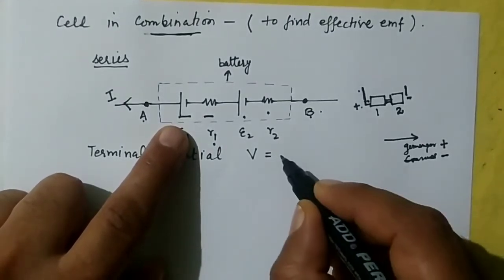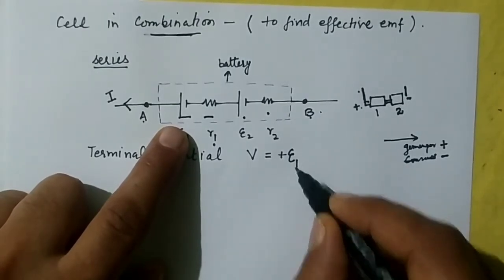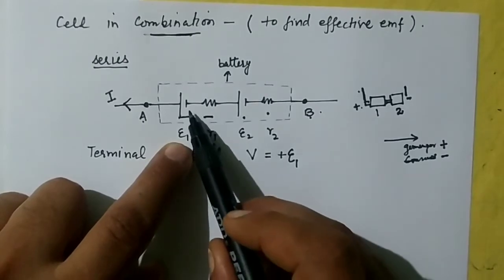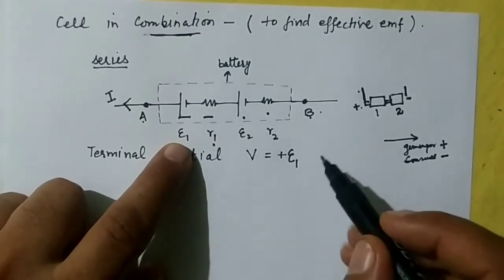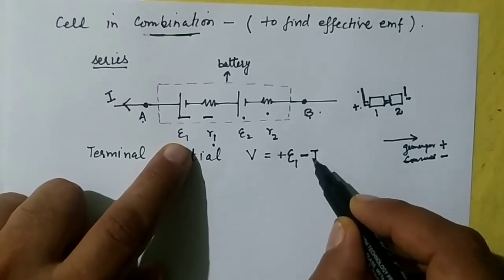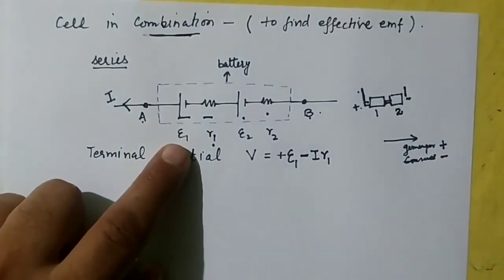So here it is positive E1. Now if we move further, resistance always consumes energy in the form of heat, so here again there is a potential drop. The potential drop is the resistance multiplied by the current, minus I R1.